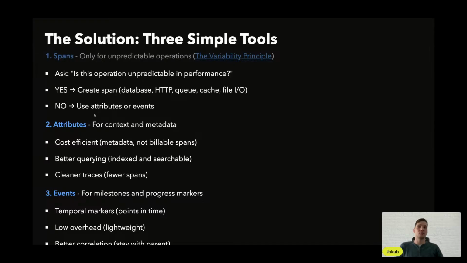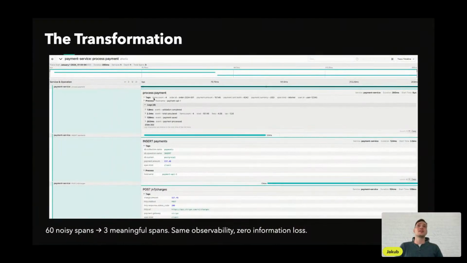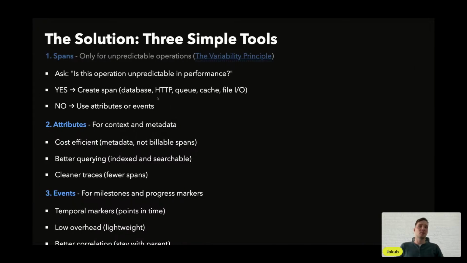What are attributes? We saw those here. Those are just metadata tags, labels, or key-value pairs on the span, and they're pretty cheap. You can search with them using, for example, the Jaeger backend. They also provide cleaner traces because you don't have to create that many spans to capture the same information.